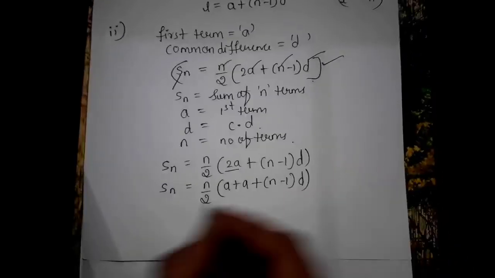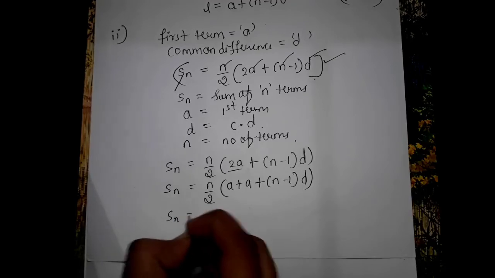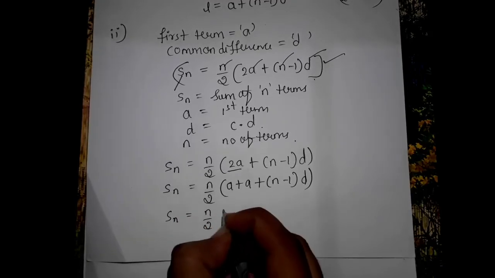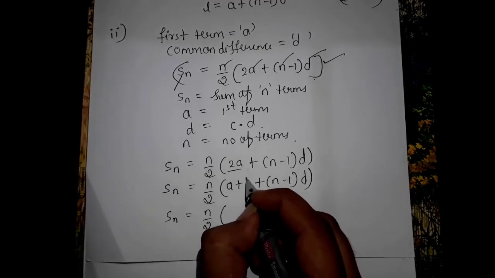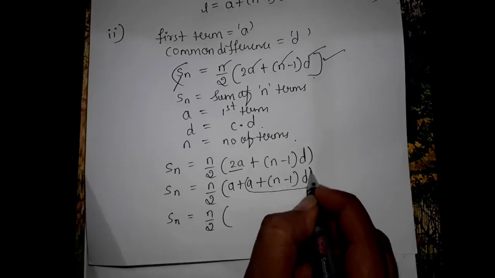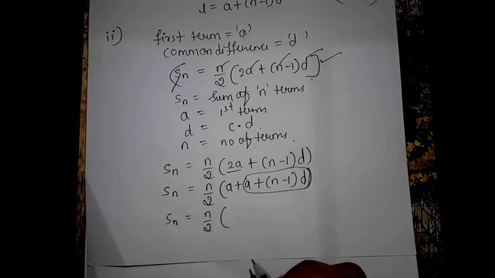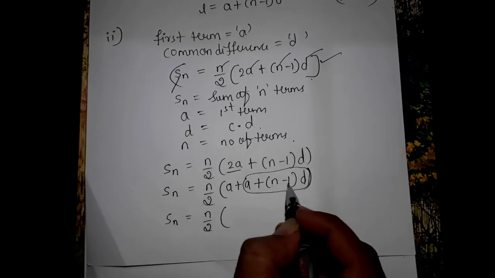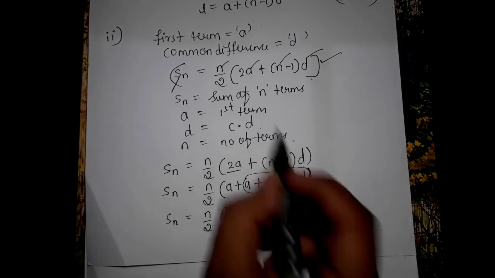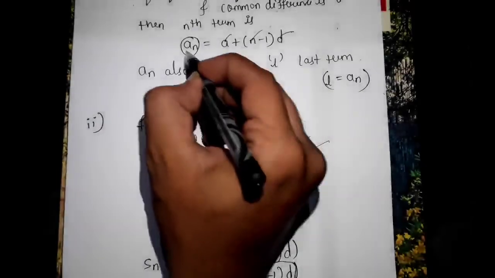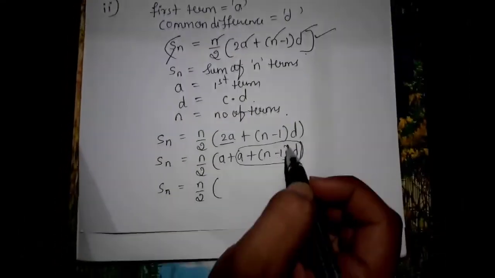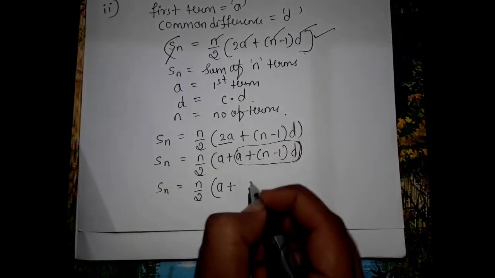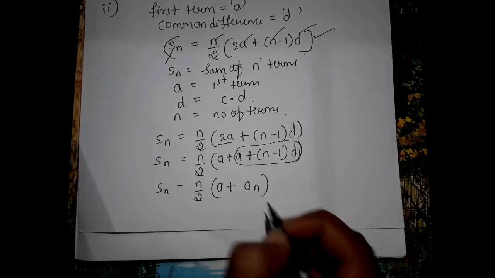Now listen carefully. Observe things carefully. N by 2 into, this a plus n minus 1 into d is nothing but the an formula. In the place of a plus n minus 1 into d, I can replace it with an. Now I will write a plus an.